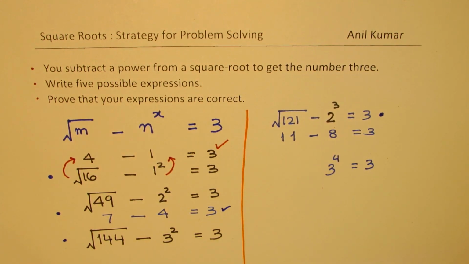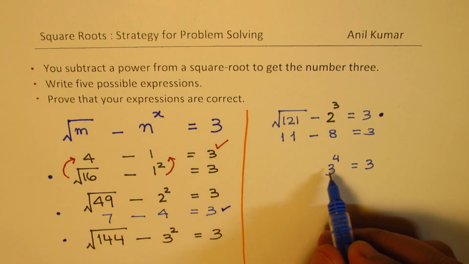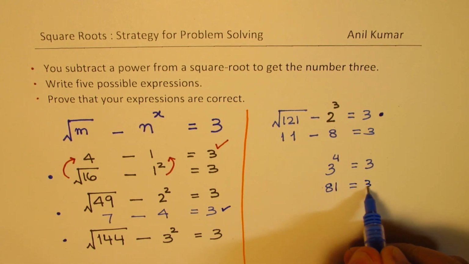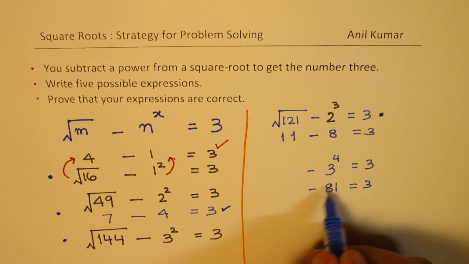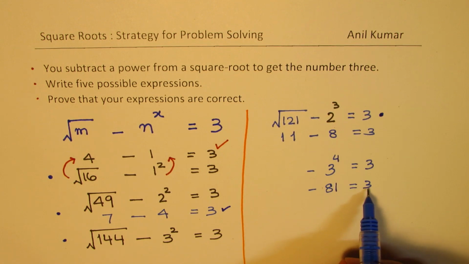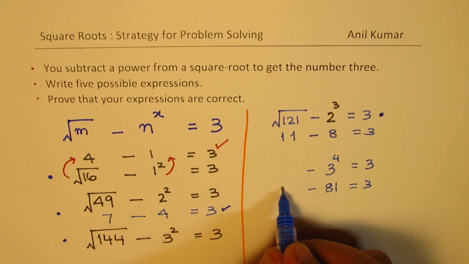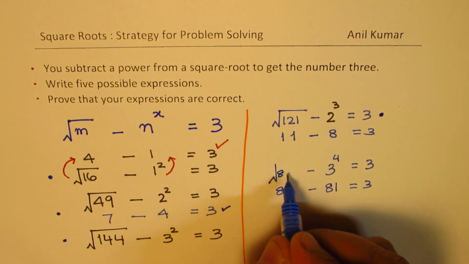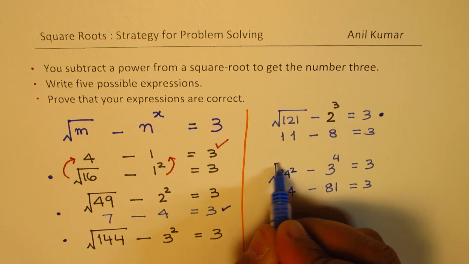Now 3 to the power of 4 is what? 81, right? 3 times 3 is 9, and then it is number 81. So what should I take away 81 from to get 3 as my result? Well, it has to be 84. So that means this number here should be what? Well, it has to be 84 square root.